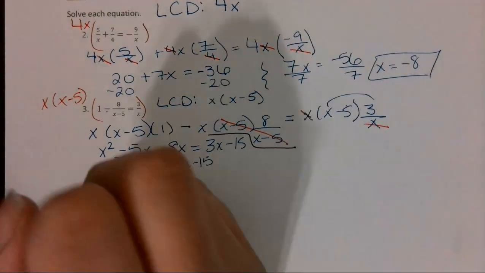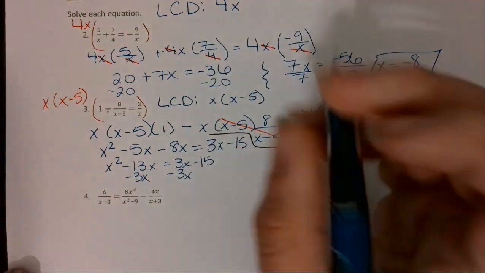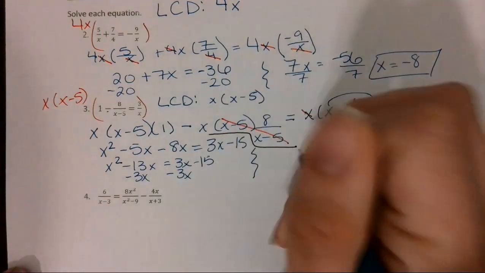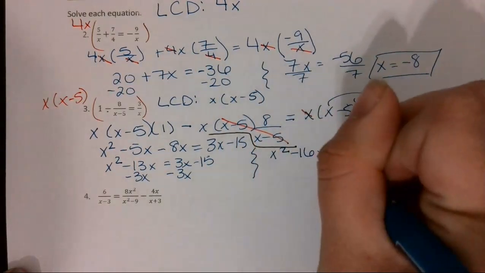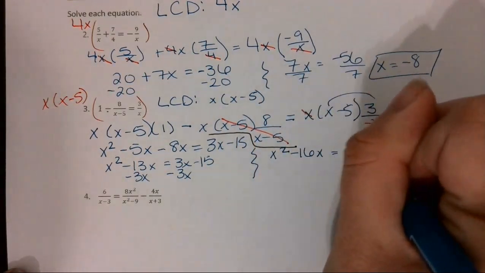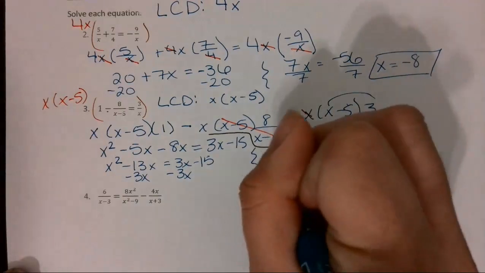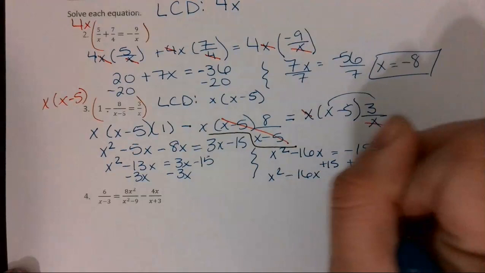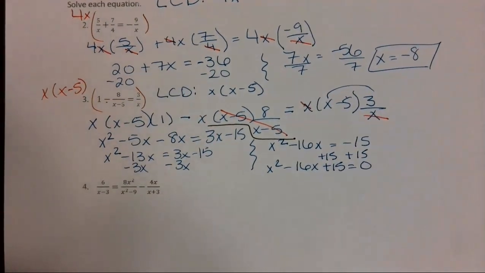Then what I want to do is subtract 3x on both sides. I'm sorry, I did not give enough spacing. Then I have x squared minus 16x equals negative 15. I want to add 15 to both sides. I have x squared minus 16x plus 15 equals 0.